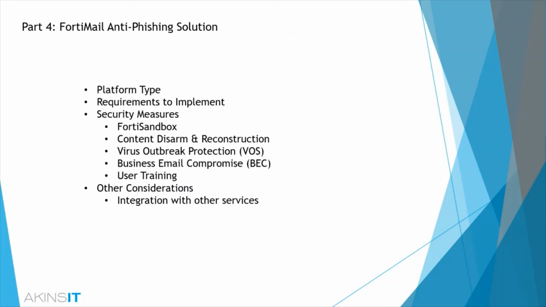Some advantages here with FortiMail is really the telemetry with Fortinet's suite of products that provides endpoint and device protection, application security, network security, and then sharing that information, that threat intelligence, to really enhance the overall threat awareness and broaden threat response.